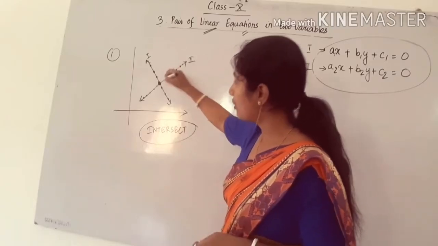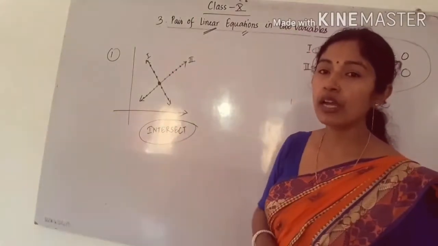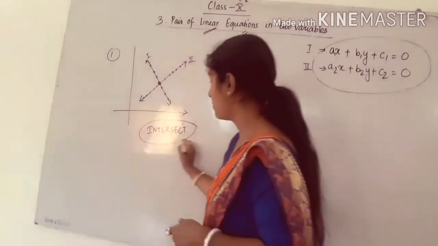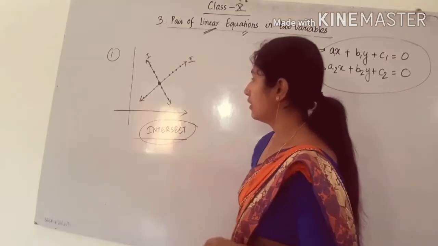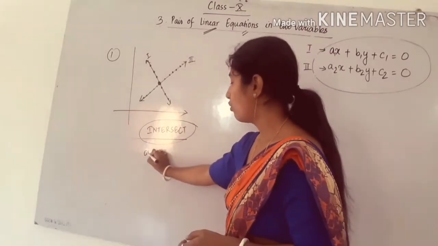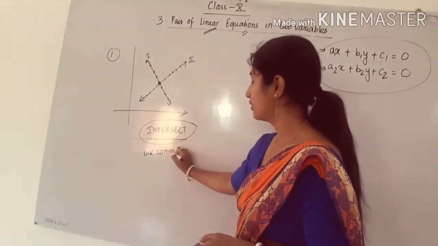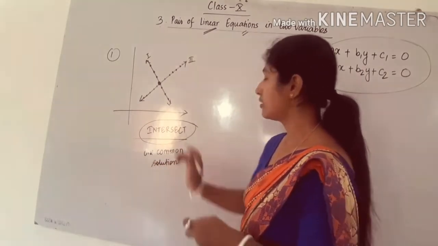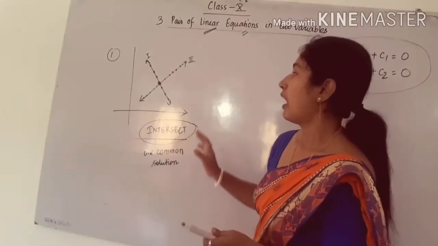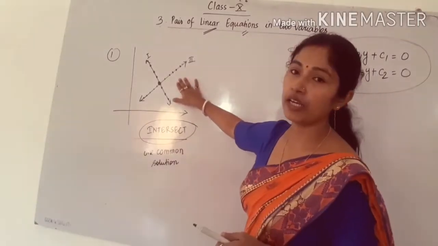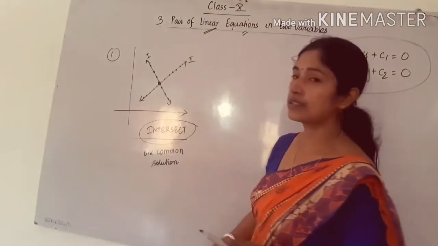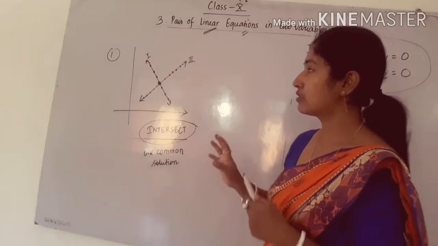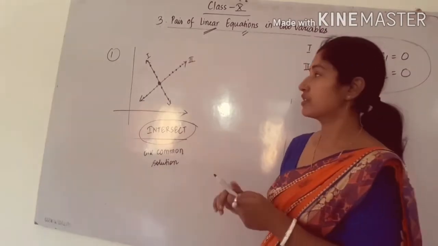So when two lines intersect, we will get one common solution. I am discussing it graphically. Next I will take one example for solving this linear equation, so just see the graphical representation first.